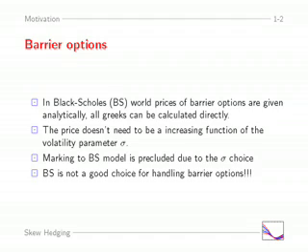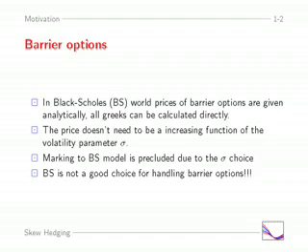Of course, in the Black-Scholes world you can find analytical formulas for barrier options, but there is one problem, or maybe more problems. One problem is how to price these options if you observe plain vanilla calls and you observe an implied volatility smile. Which sigma should you plug into your formula?